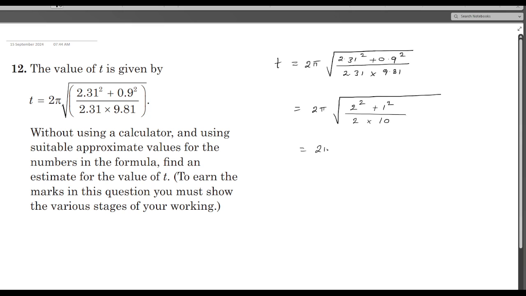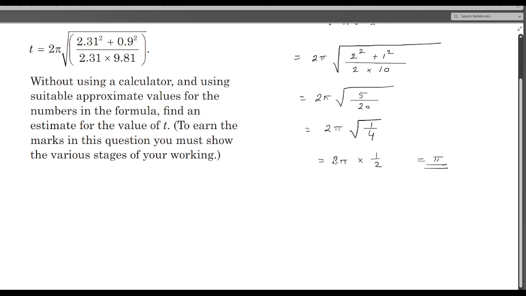So this is your 2 pi square root of 2 squared is 4, 4 plus 1 is 5, 5 divided by 10 times 2 is 20. So this is 2 pi square root of 1 divided by 4. So this is 2 pi times 1 divided by 2. Your result is pi. Okay. Find an estimate for the value of t. So t is equal to pi, so t is equal to pi is equal to 3.14.